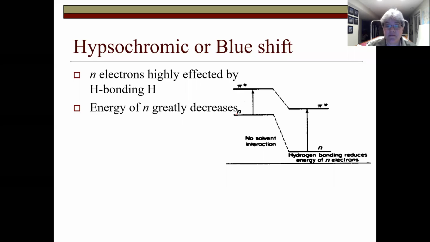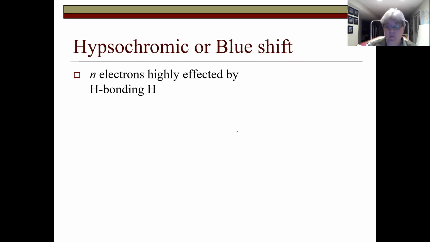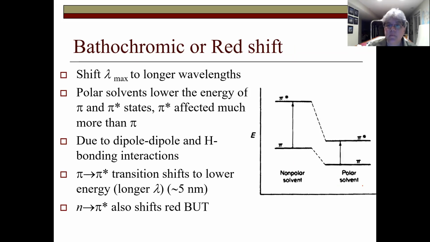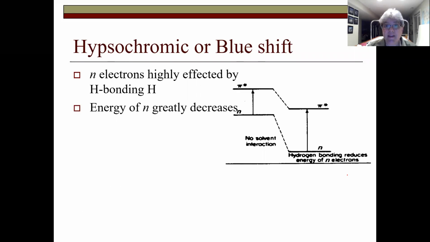The pi star was affected quite a lot, we see here, compared to pi, but the n is affected even more. So notice here, this is the non-polar solvent and the polar solvent. So notice the pi star drops, but the n really drops in energy.